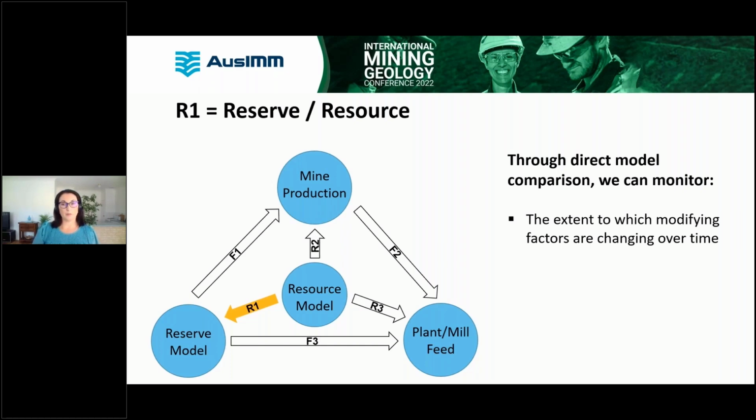So it includes diluting materials and allowances for losses, which may occur when the material is mined. So again, just giving you confidence between the two models that the modifying factors are working, especially when we start to look at how it's comparing against the other nodes on this framework.